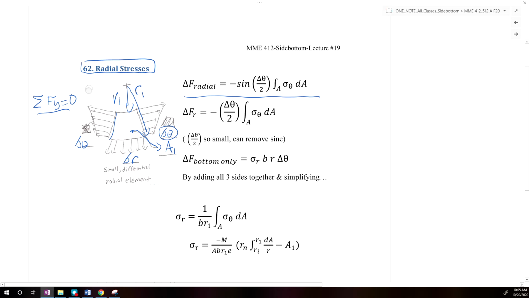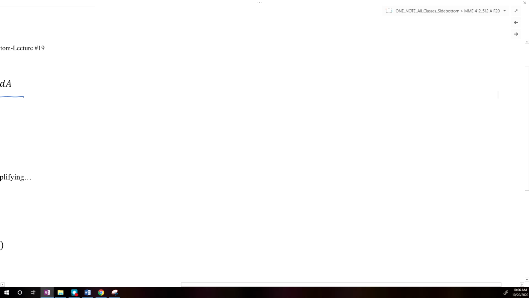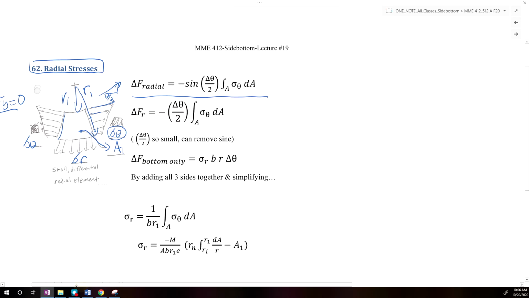If we look at our radial stress, we can treat it like a triangle where the y-axis would be equal to the small angle theta over 2. So the y component of our radial stress would be equal to sine of delta theta over 2 times sigma theta.